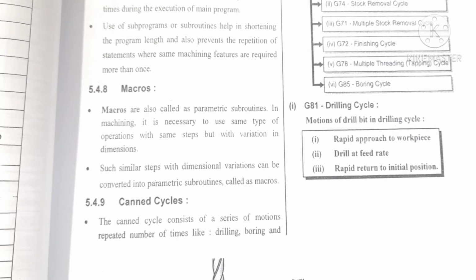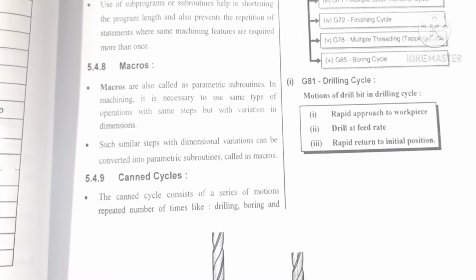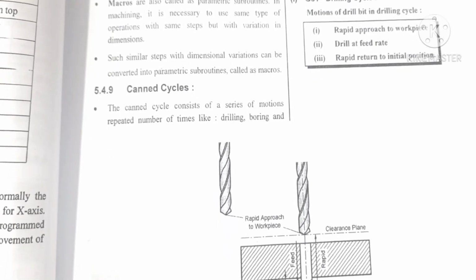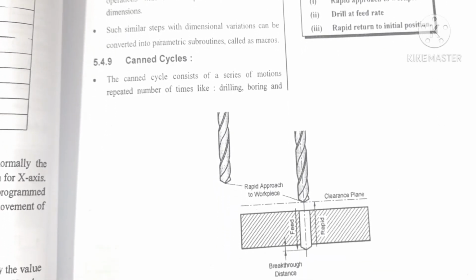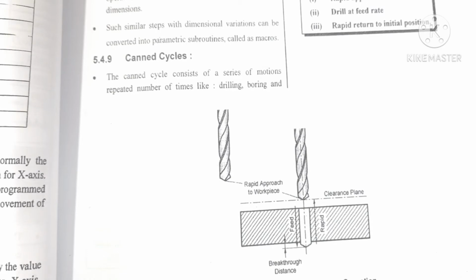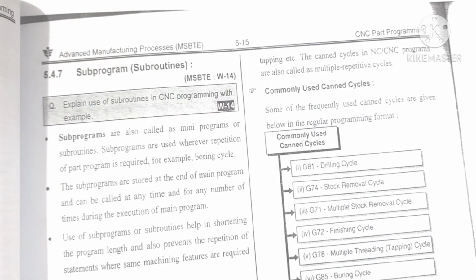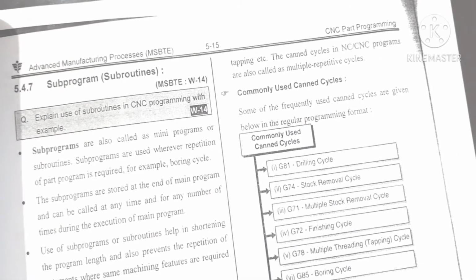Then canned cycle. A canned cycle consists of a series of motions repeated a number of times, like drilling, boring, and tapping. The canned cycles in a CNC program are also called multiple repetitive cycles.